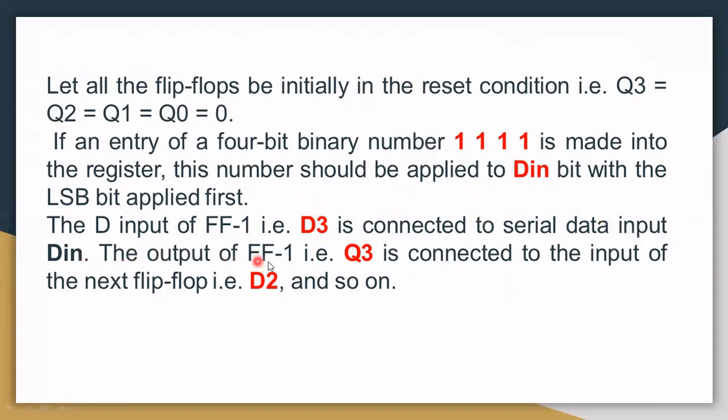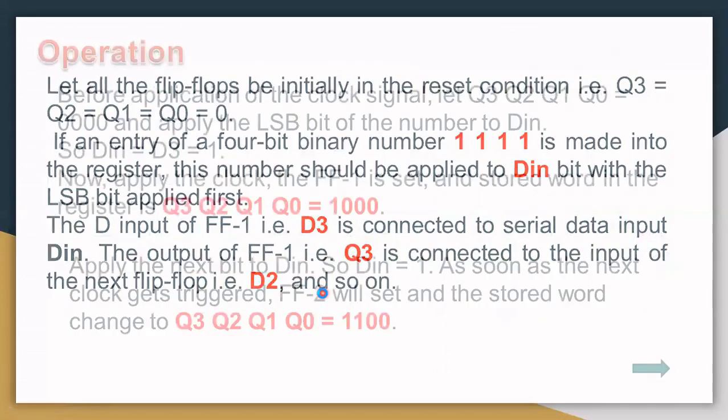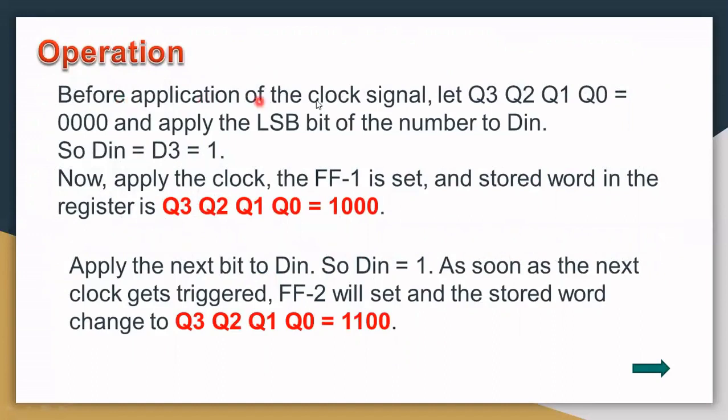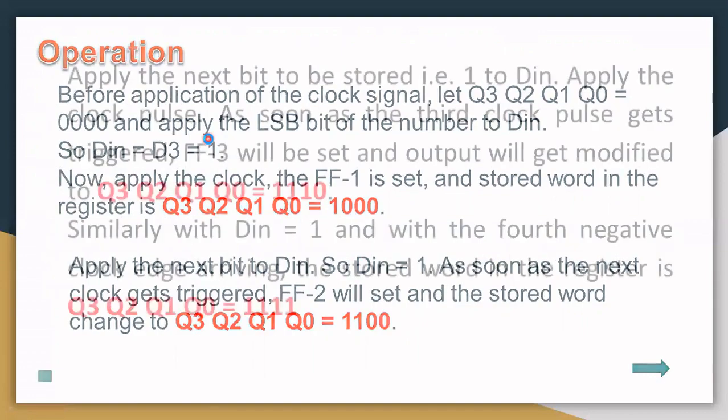The output of FF1, that is Q3, is connected to the input of the next flip-flop D2, and so on. So before applying the clock signal, Q3, Q2, Q1, Q0 are all zeros. Now we have to store 1111. So we are giving the first, least significant bit 1 on the left-hand side of this circuit. I will show it.